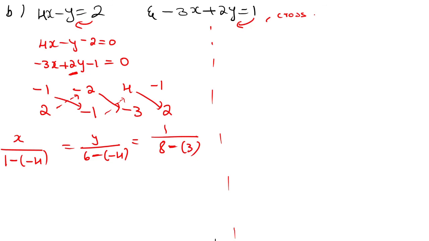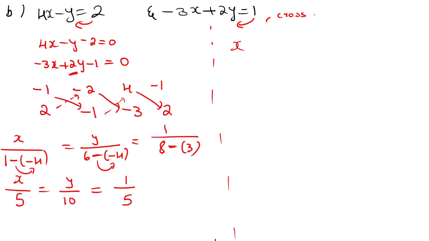Now simplify: x by 1 minus into minus is plus, 1 plus 4 is 5, equal to y divided by 6 minus into minus is plus 4, 10, 6 plus 4 is 10, equal to 1 by 8 minus 3 equal to 5.